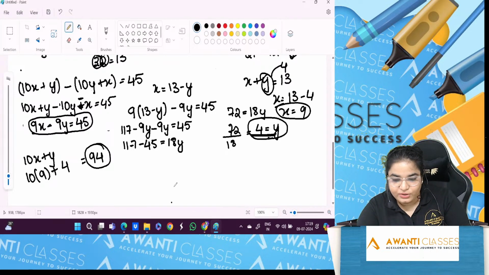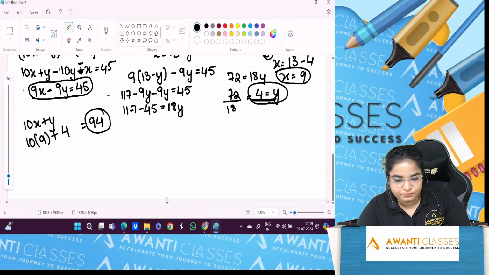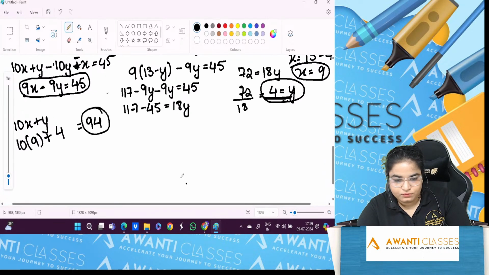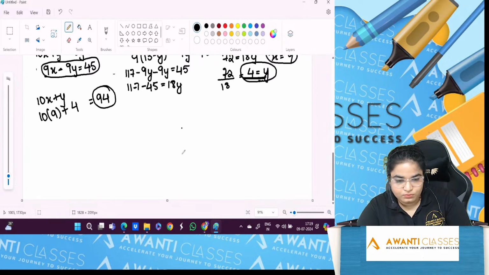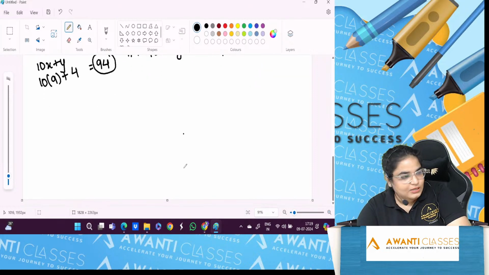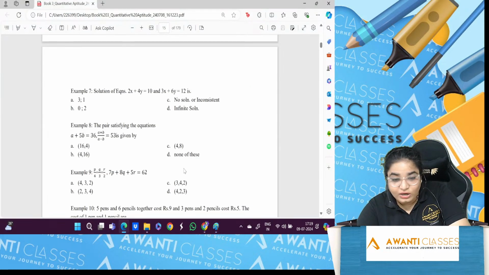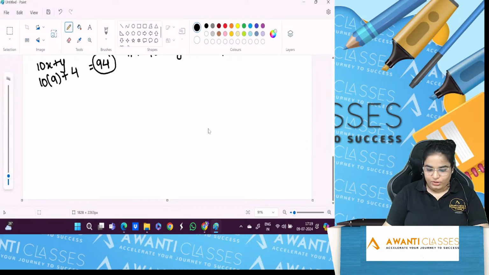What option did you get? Yes? Bhimappa sir is saying C. Only Bhimappa sir solved or what? Nobody else solved? C is correct. Okay? C is perfect.